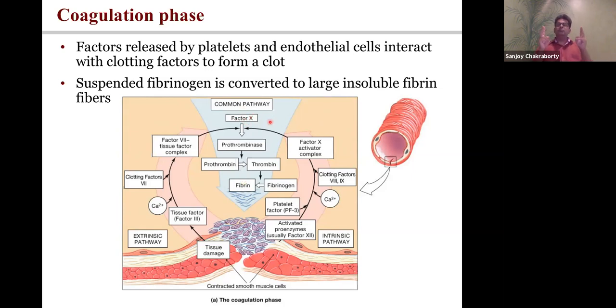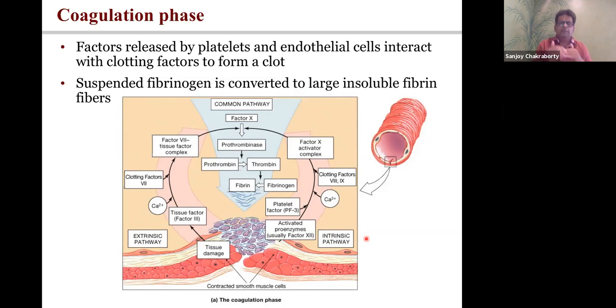There are two pathways, two series of reactions, two cascades of reactions that can activate factor 10. One is called the extrinsic pathway, one is called the intrinsic pathway. Now, let's understand the word first. Extrinsic means the factors that are responsible initially do not come from blood.